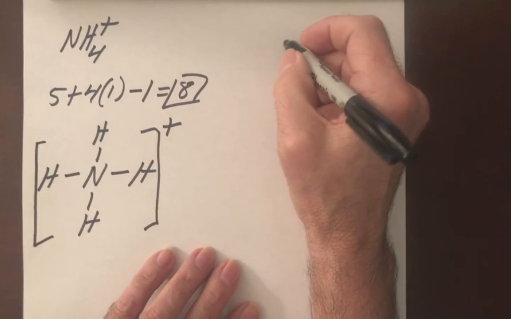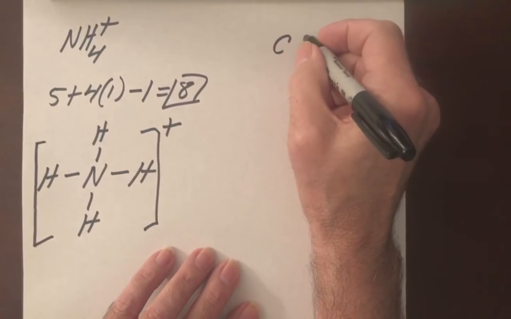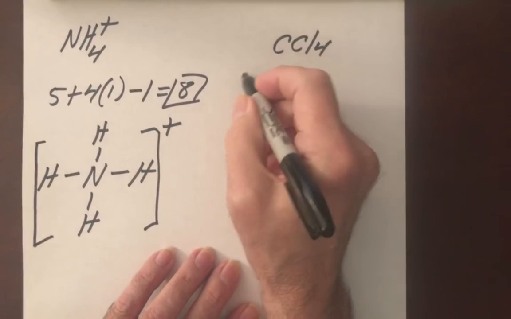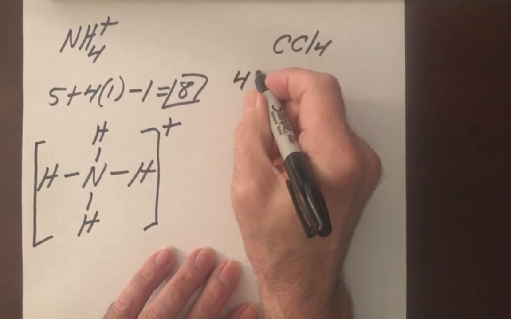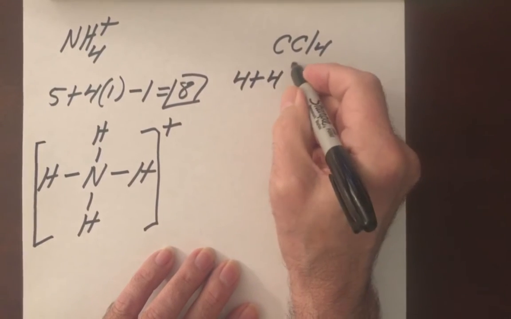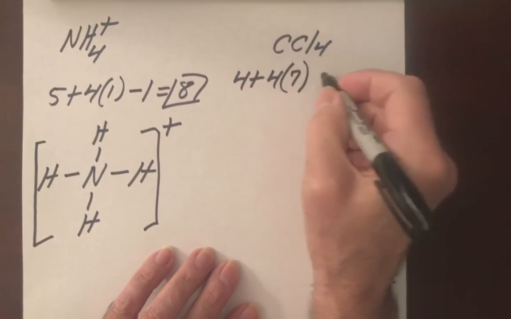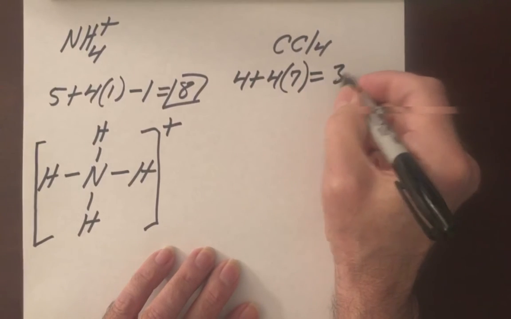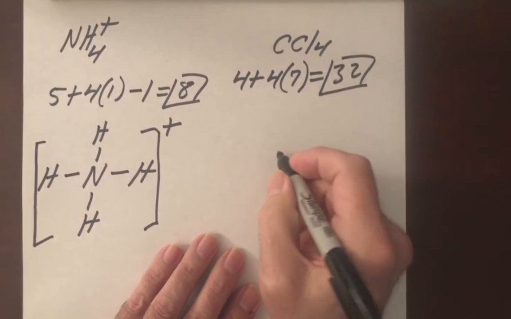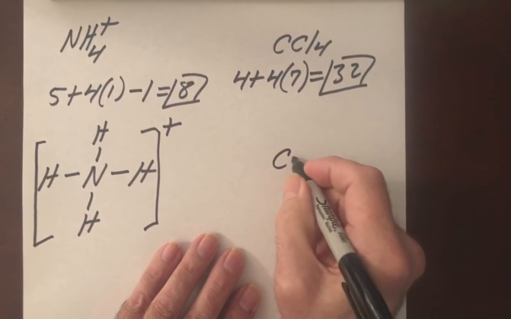Let's try carbon tetrachloride. Carbon has 4 valence electrons, and each of the 4 chlorines has 7 valence electrons. So that gives us 32. Connect all the atoms to a central atom. Again, think symmetry.